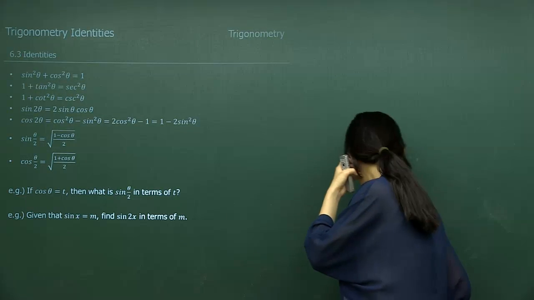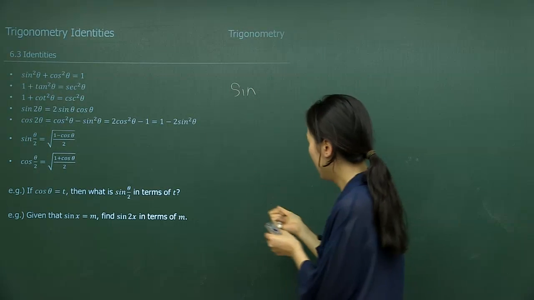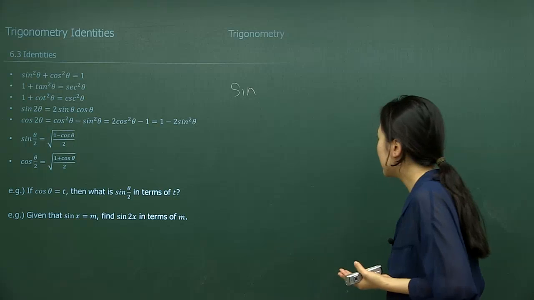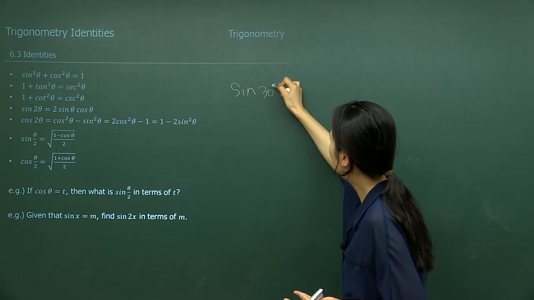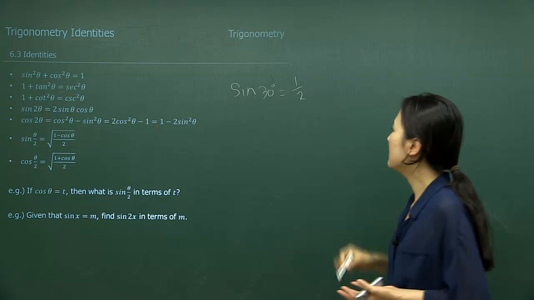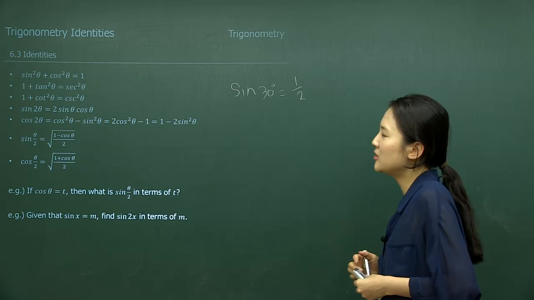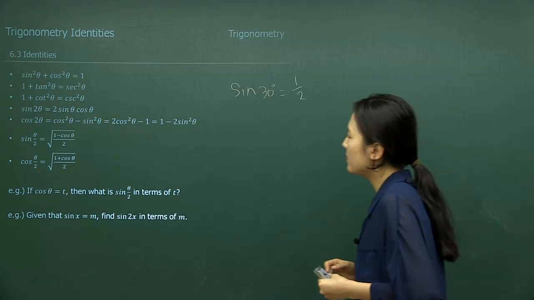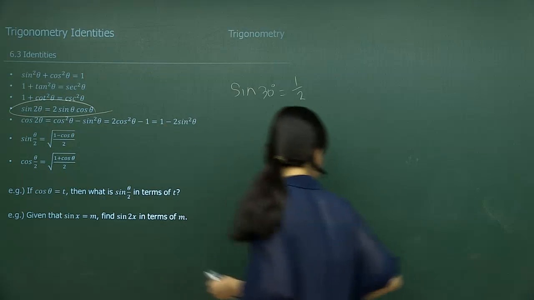For example, for sine, you already know what sine of 30 degrees is, right? We've been using it on the previous page. That equals 1/2, right? Now, let's apply this with this identity.